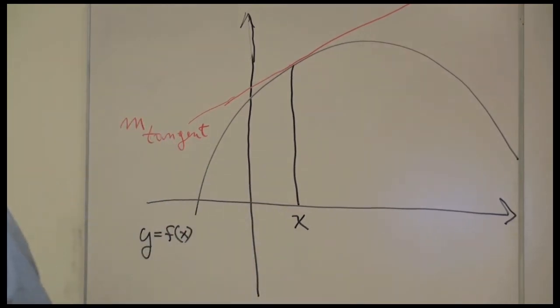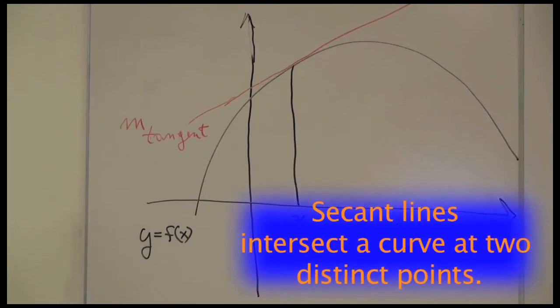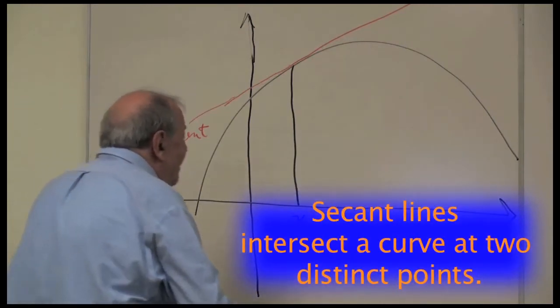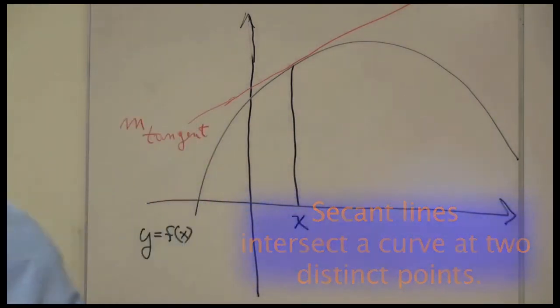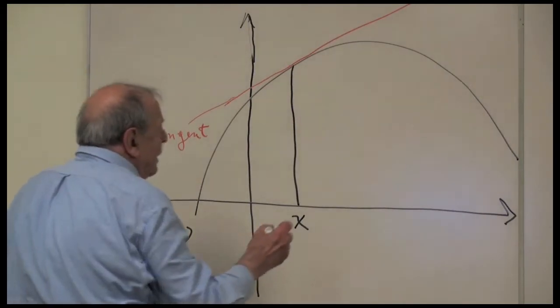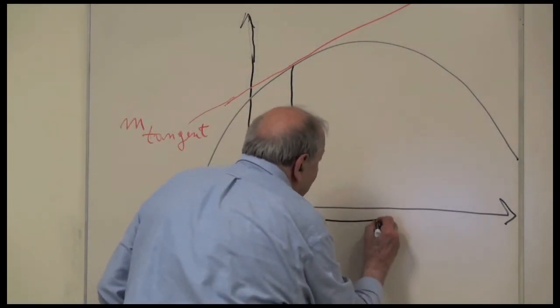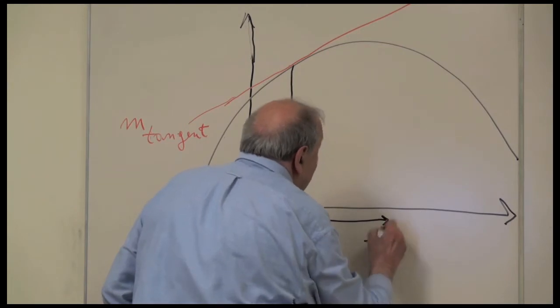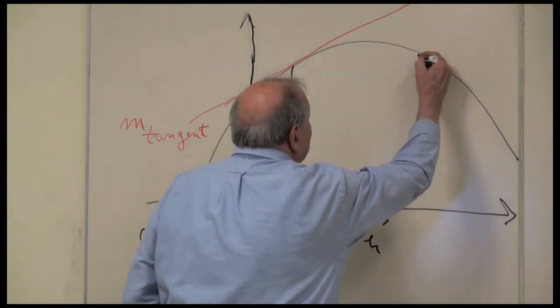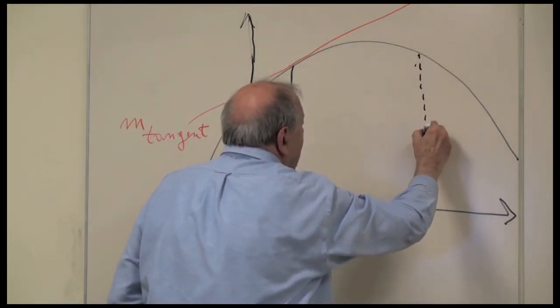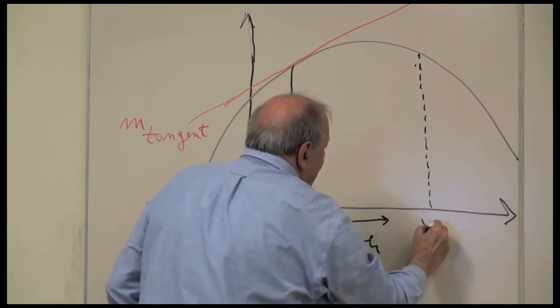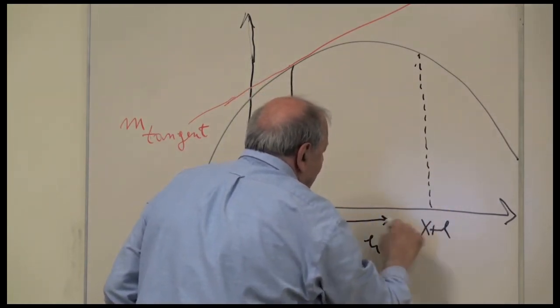And the idea behind all this is that we're going to look at secant lines, and then we'll go from there. So I'm going to move here from x, taking some quantity h, and I'm going to move over to x plus h.